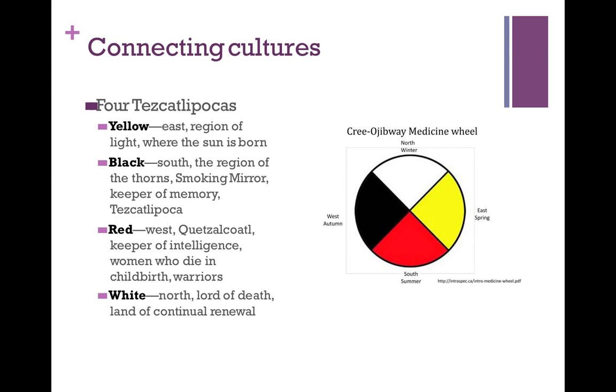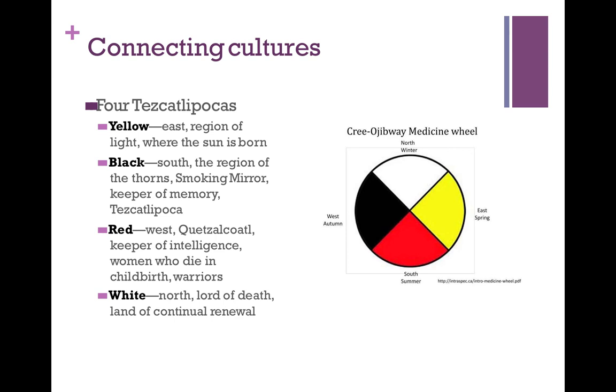You will see how some Tezcatlipocas represent different regions of the continent. The yellow region is the region of light where the sun is born, the east. The black is the region of the thorns, smoking mirror, keeper of memory, Tezcatlipoca.